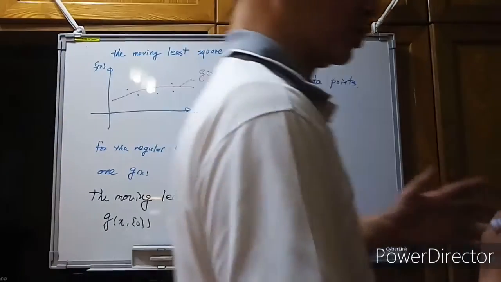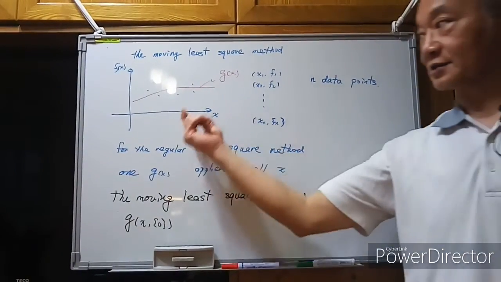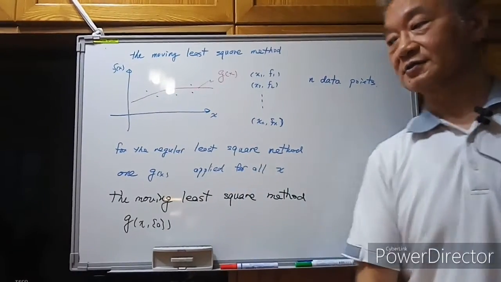So for different considered x, we get a different g of x.